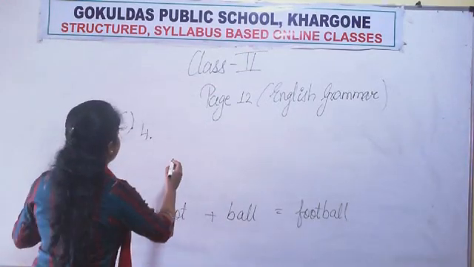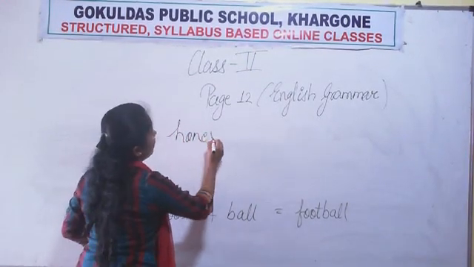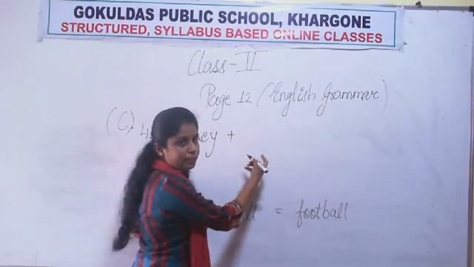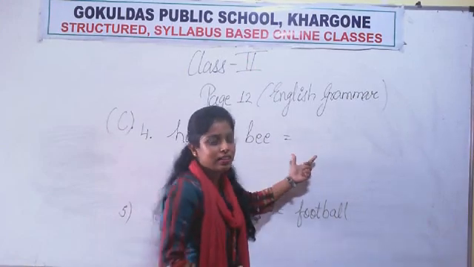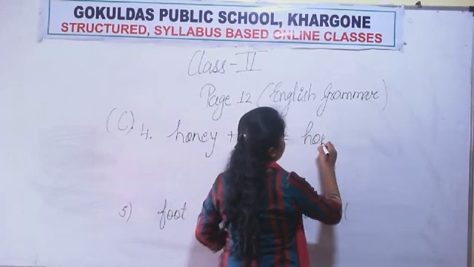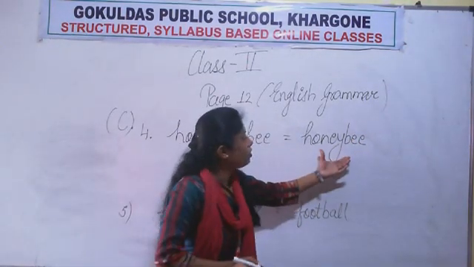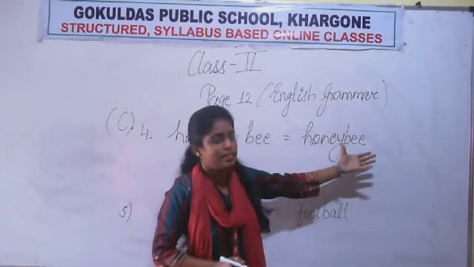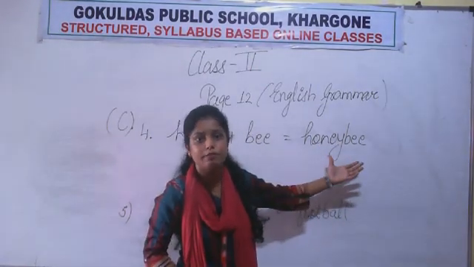So we will write honey, the first picture, plus the second picture, bee. So what will we get? Honeybee. And don't write these words separately. Just as I am writing, combined, the same way you have to write it.